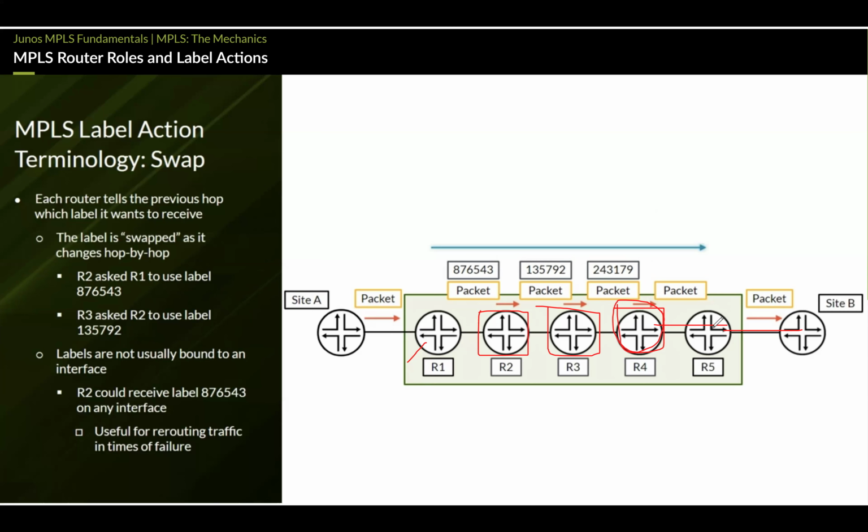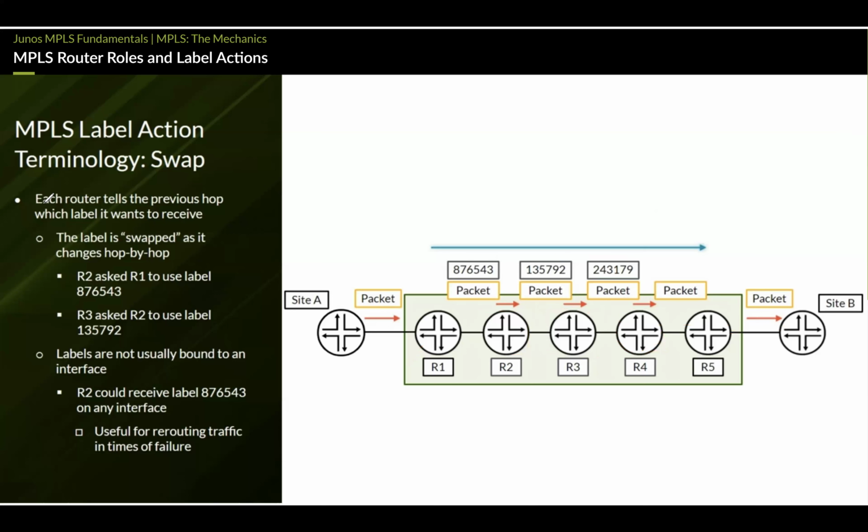And the last router, you can say the pop router, or PSP, penultimate hop popping, happens in router 4. This router removes the label and a normal packet is sent to the egress router. The egress router sends the packet to the customer's router based on the routing protocol.